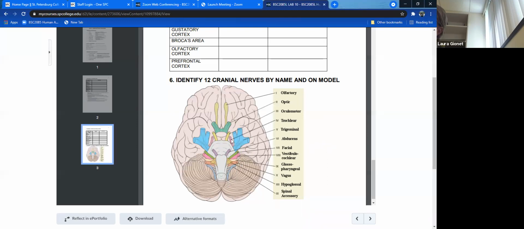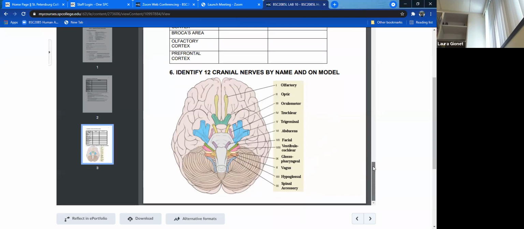I won't necessarily ask you the number, but I start by counting them 1 through 12 to make sure I'm identifying each one appropriately. If that's number 9, then what is number 9? That would be glossopharyngeal.